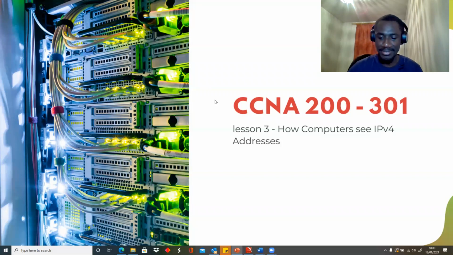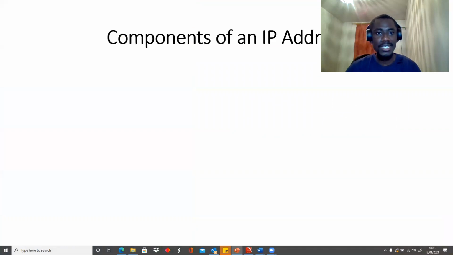Let's get started. In our previous session, we discussed what IP addresses are, and then we also discussed what subnets are and how to identify a particular IP address group. We also went further to see how subnet masks are assigned to individual or respective IP addresses from different classes.